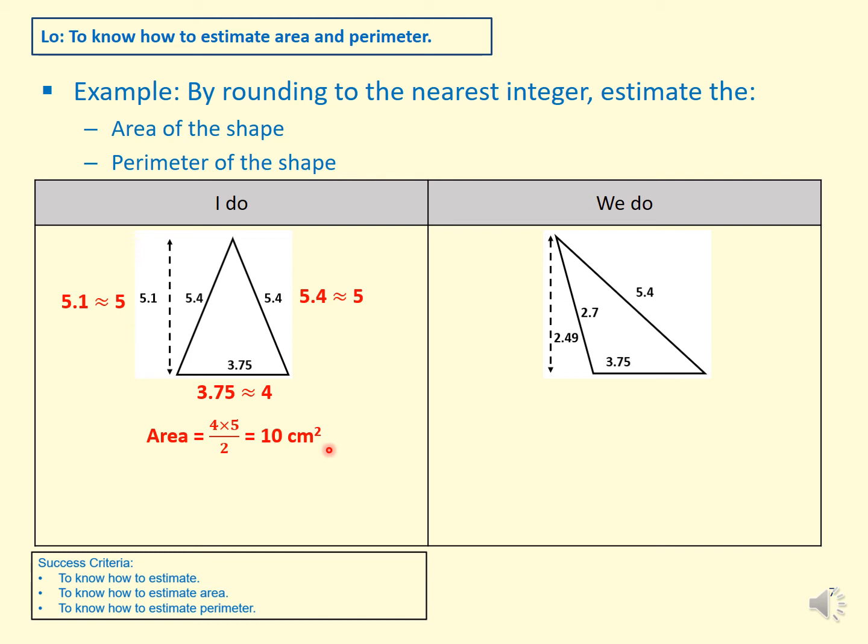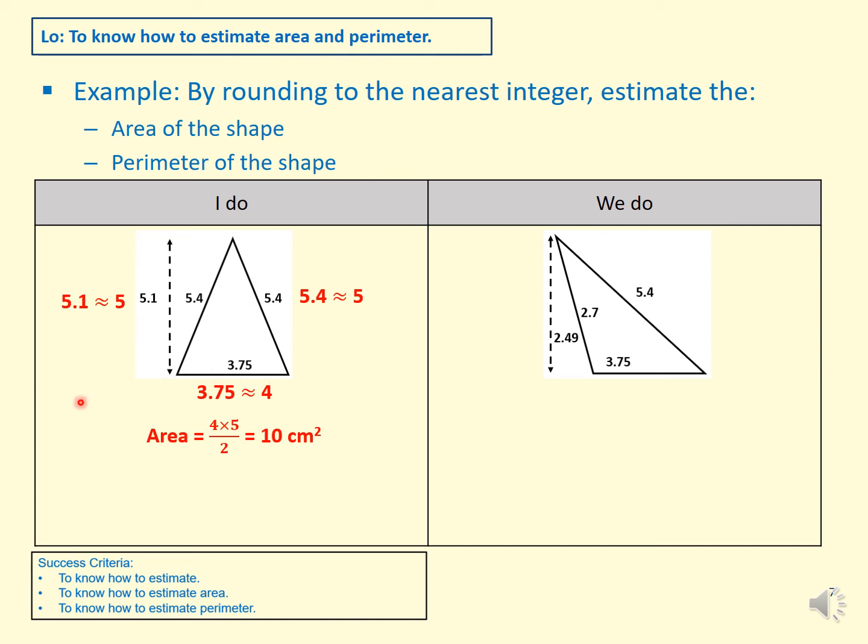Now for perimeter, if you remember, we don't have any specific formula for perimeter. It doesn't matter what kind of shape we have. For perimeter, you always start from one corner, go around the shape and add up everything. So in this case, for perimeter, I'm not looking at this number here because that was just the perpendicular height. So for perimeter, I'll start from this corner, add 5, add 5, and add 4.